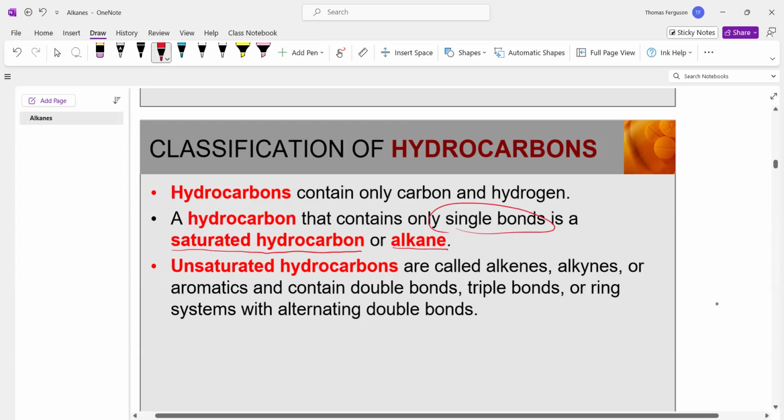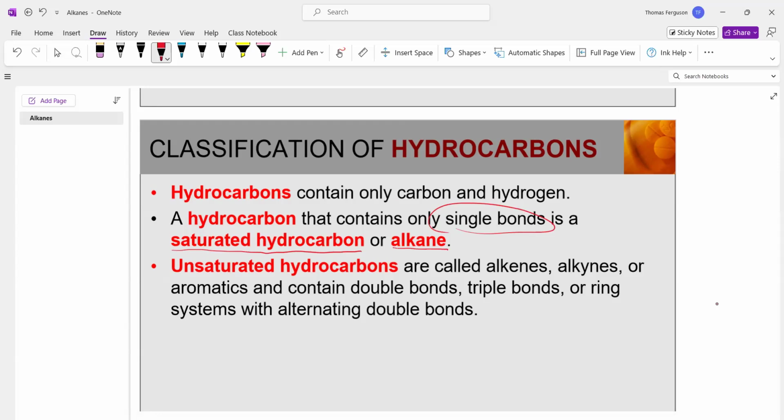Now you hear the saturation bit a lot when they talk about fats. This is a saturated fat. This is an unsaturated fat. This is a polyunsaturated fat or oil. And what they're talking about is whether it contains double bonds, triple bonds, or ring systems.